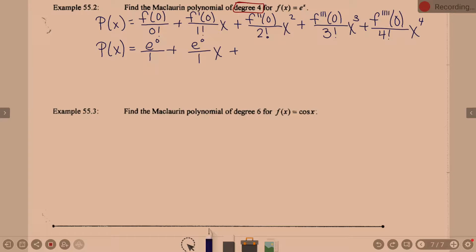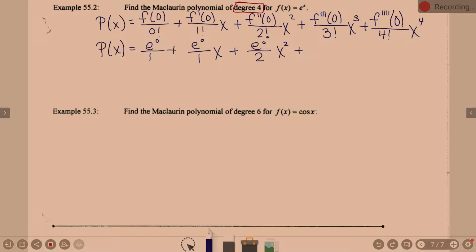What about the second derivative evaluated at 0? The second derivative is e to the x, so then it's e to the 0. What is 2 factorial? 2, times x squared. Okay. I was looking to see how I wrote this in my notes. I actually have it in 2 different ways at the end.